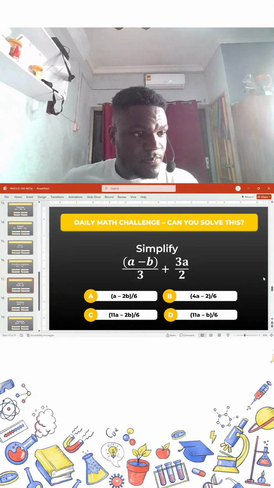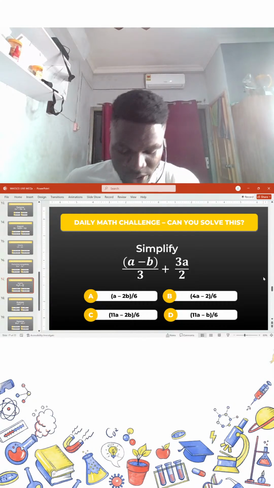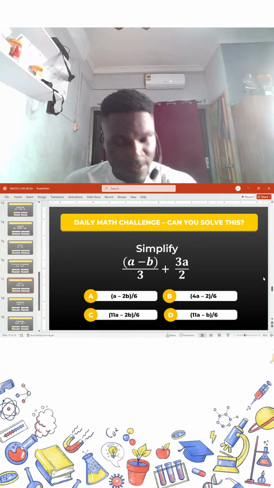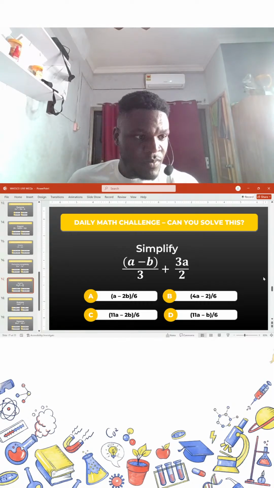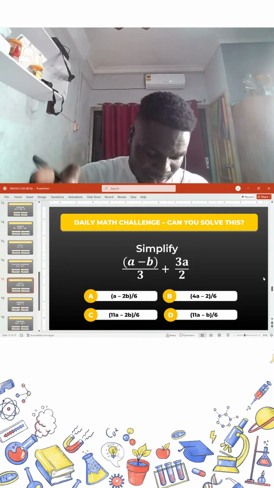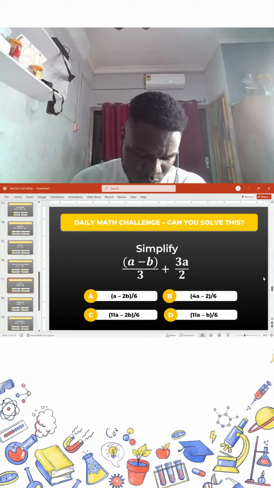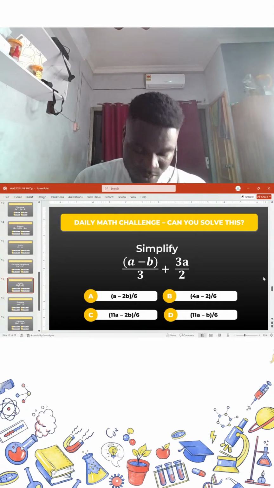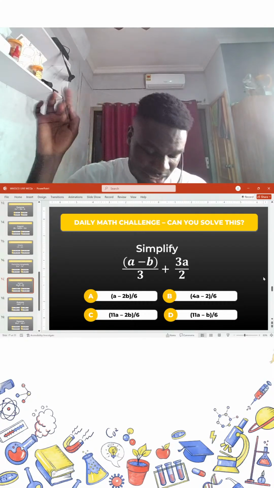All right, now that I've done the correction, guys, let's relook at the problem and solve it. So if we solve (A minus B) on 3 plus 3A on 2, we are going to have our LCM to be 6. 3 will go into 6 two times, and that will multiply A minus B at the top.